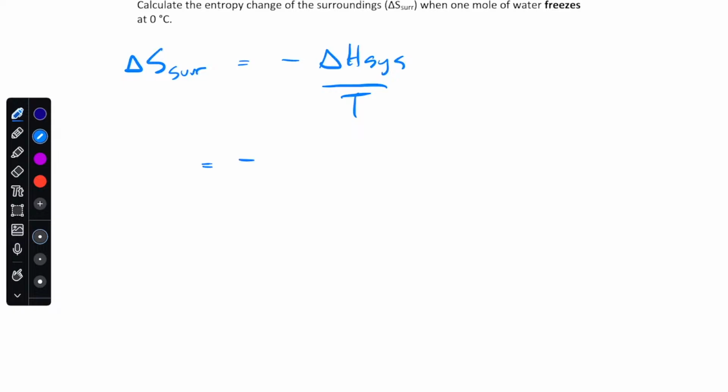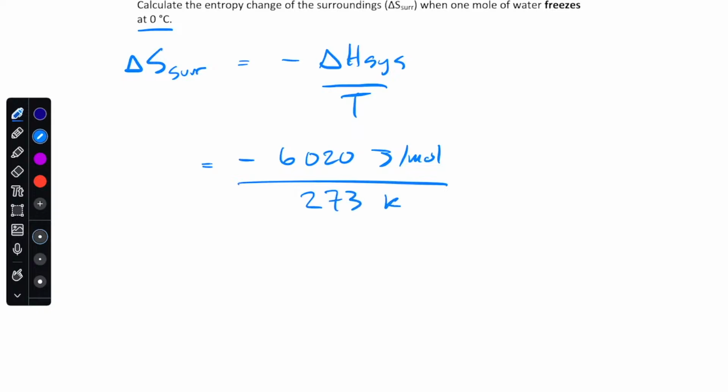I'm going to go ahead and convert our delta H to joules and use 6020 joules per mole divided by the temperature, which is 0 degrees, but we don't put zeros in, we put 273 Kelvin. And that gives us 22.0 joules per K mole.